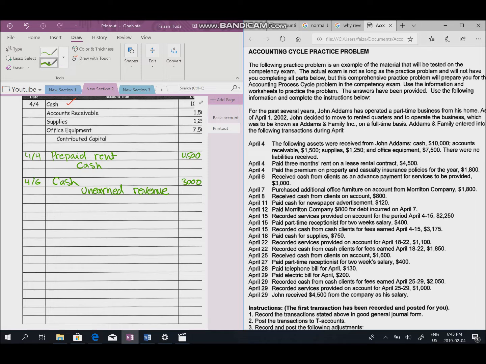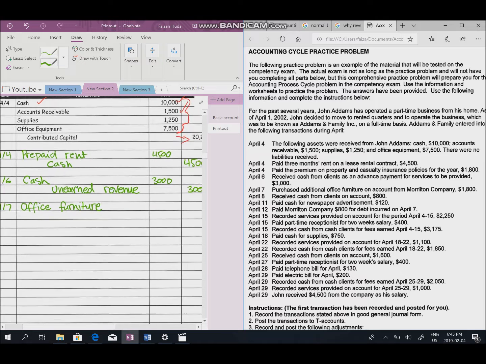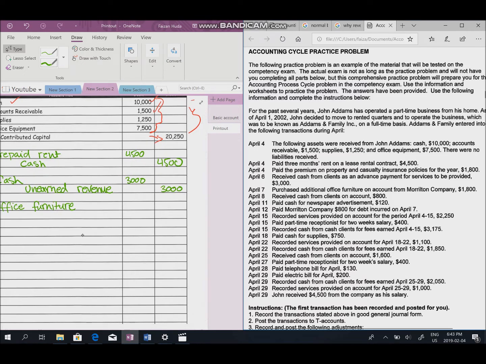So with this entry, it would be April 7th. Our office furniture, I'm just going to call it office furniture, is $1,800.